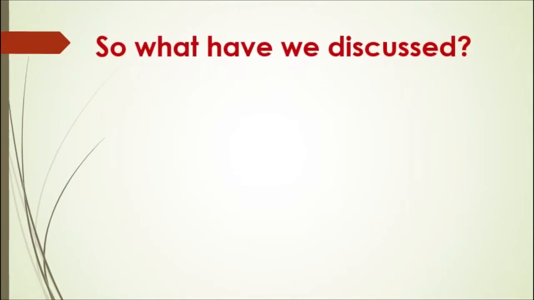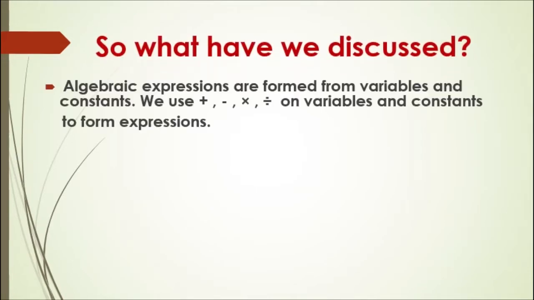So children, we studied about the variable and constant in this part. The first thing which we have to understand is that algebraic expressions are formed from variables and constants. We use the 4 operations, that is addition, subtraction, multiplication and division, on variables and constants to form the expressions.